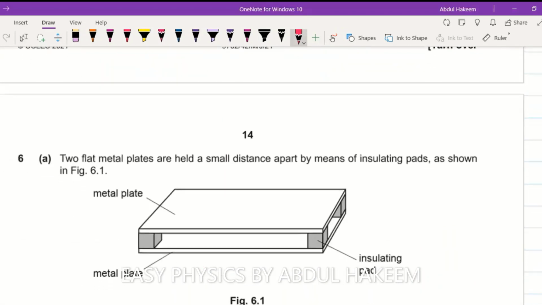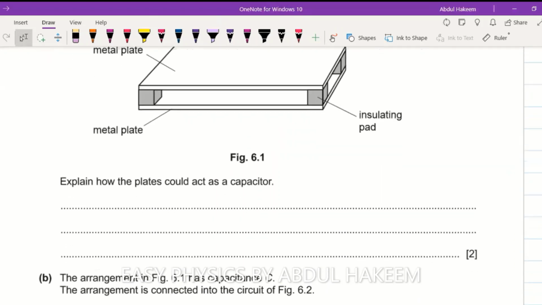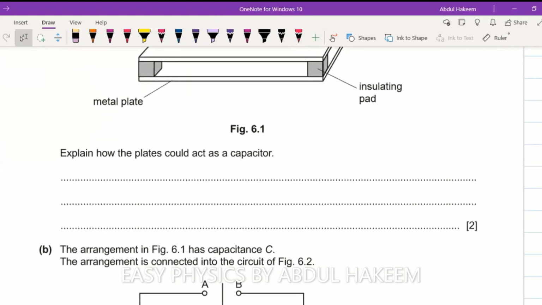Next, two flat metal plates are held a small distance apart by means of an insulating pad, as shown in the figure. Explain how the plates could act as a capacitor.